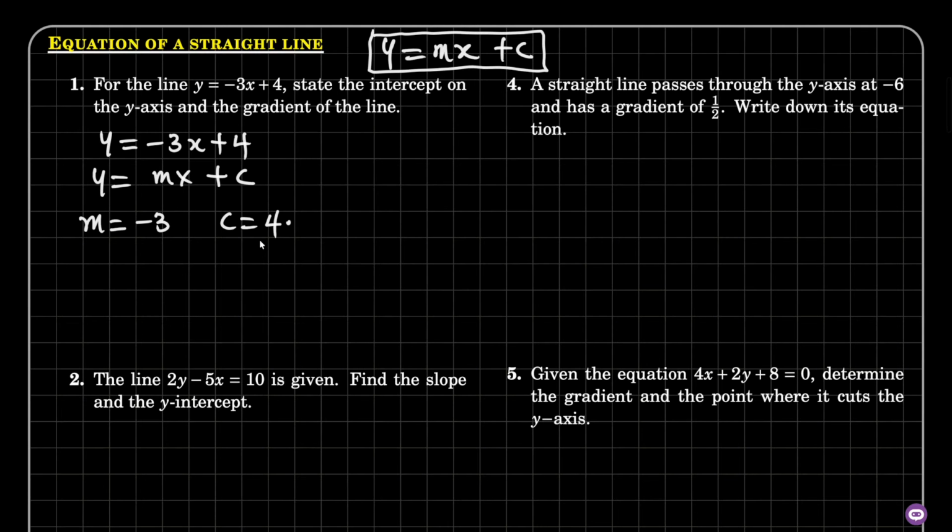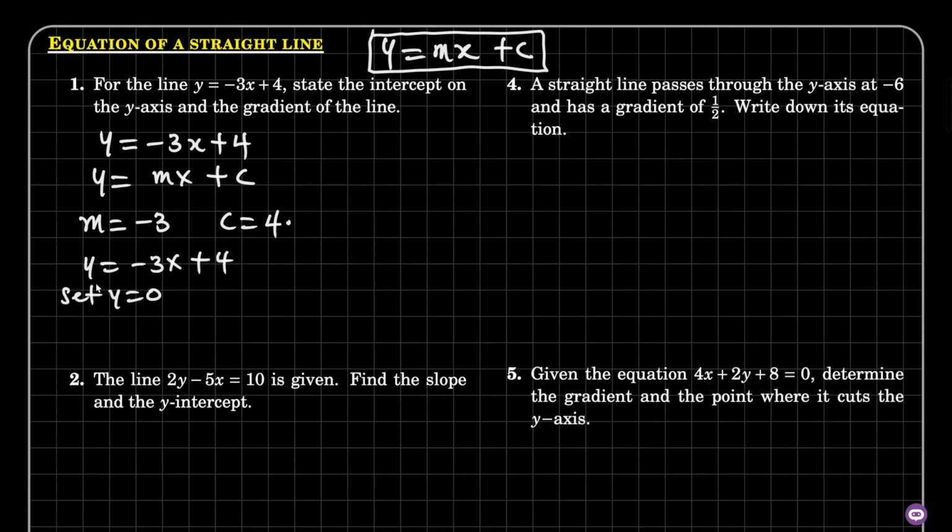Now you might be asking, why am I being specific about just the y-intercept? What if we are to find the x-intercept? Well, the x-intercept is a little bit tricky and cannot be directly found using the formula. To find the x-intercept, you set y equal to 0.